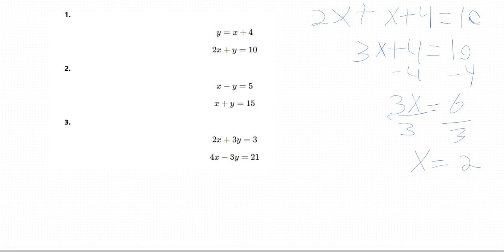Okay, so x plus 4. So y equals 2 plus 4. It may be obvious what this equals, but I just want to work through it with you. So we combine them, and we know that y equals 6.